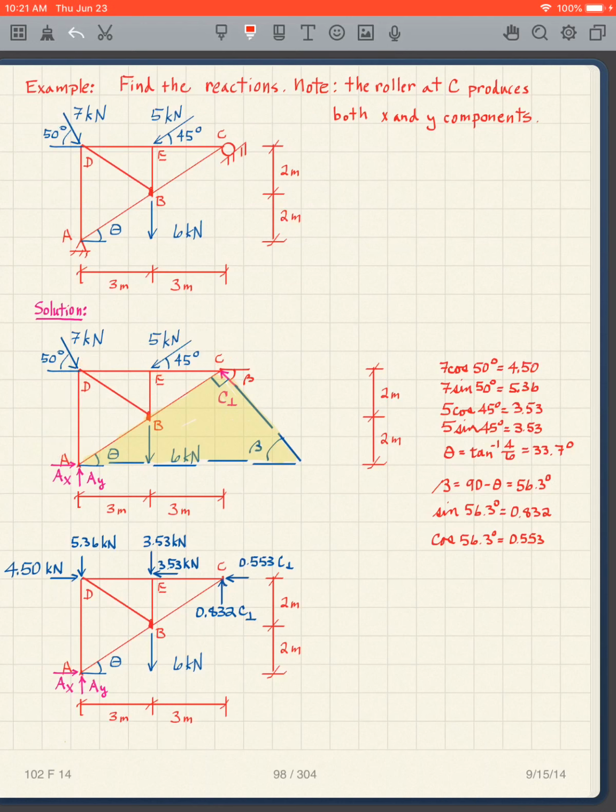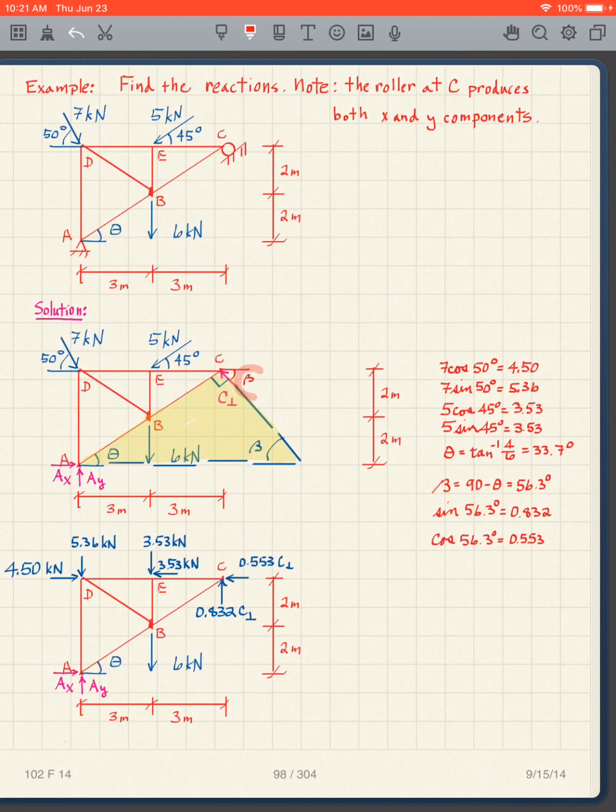So the arctangent of 4 over 6 gives me 33.7 for theta, and beta is going to be 90 minus theta, because this is a right triangle. So that makes beta 56.3 degrees.